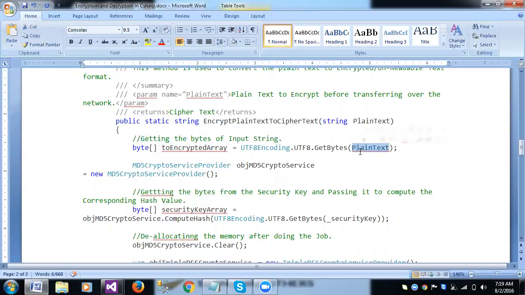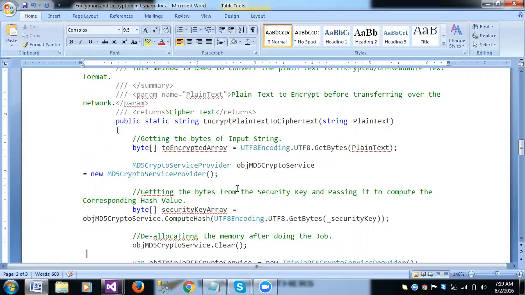So every text is converted and stored in a byte array. Now, what is a predefined algorithm? MD5, message digest, is a class. We create an object of this class, and this class has methods for encryption as well as decryption.